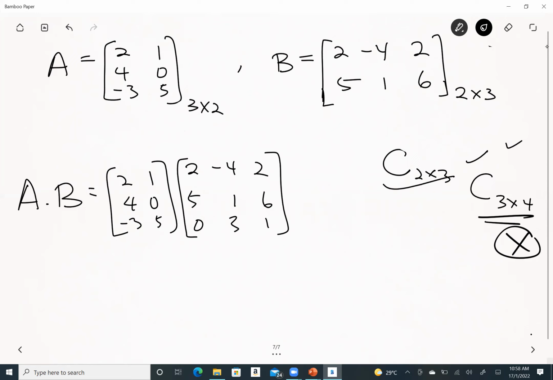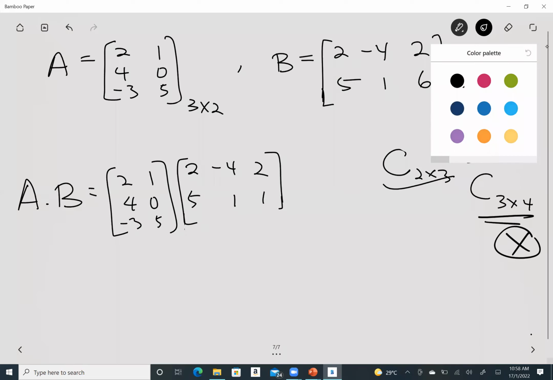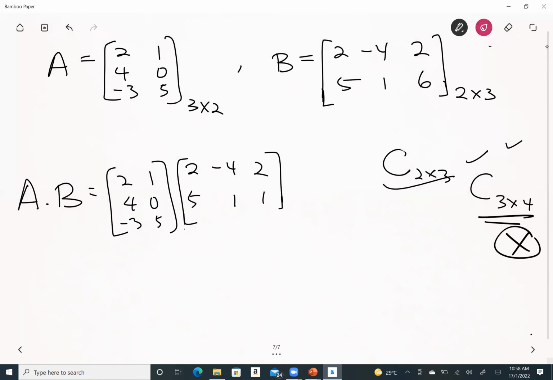So you will have multiplication of this matrix. So you see here the number of column first matrix, rows second matrix equal.